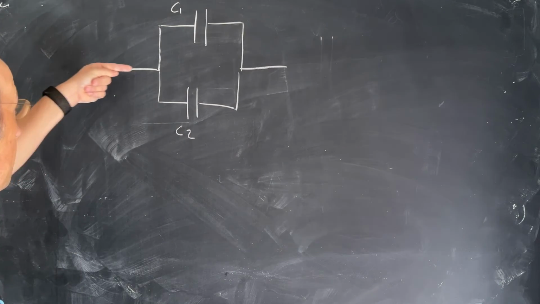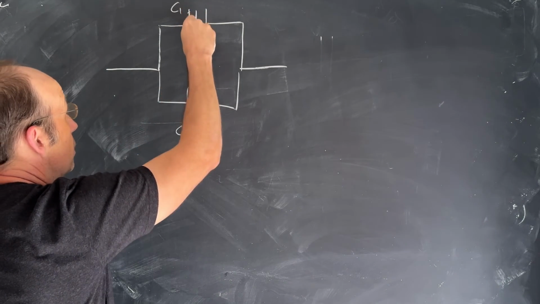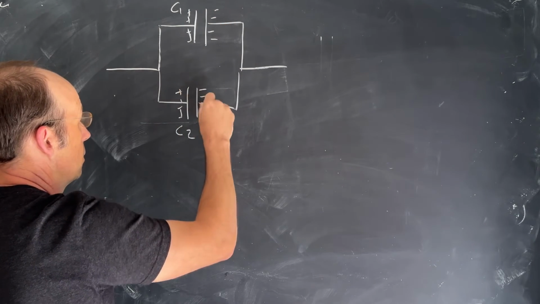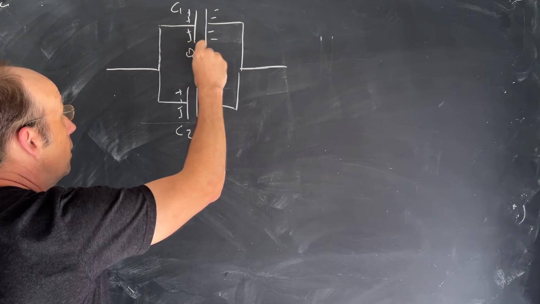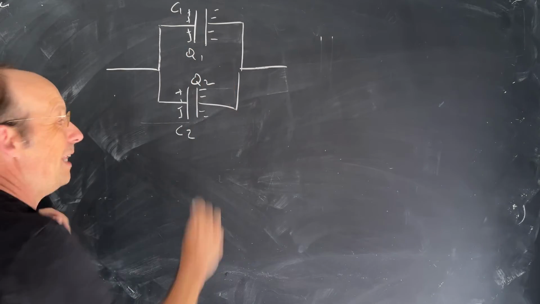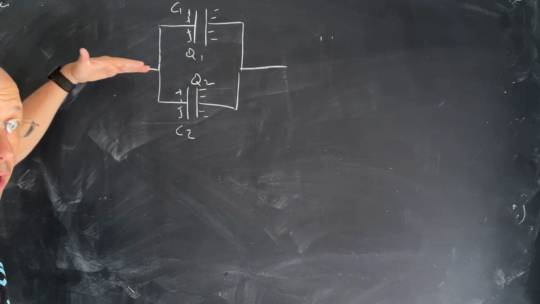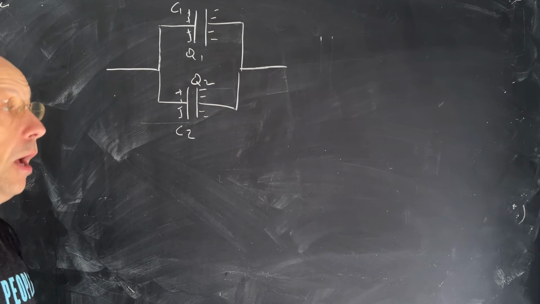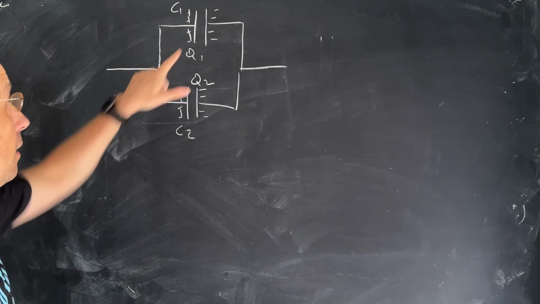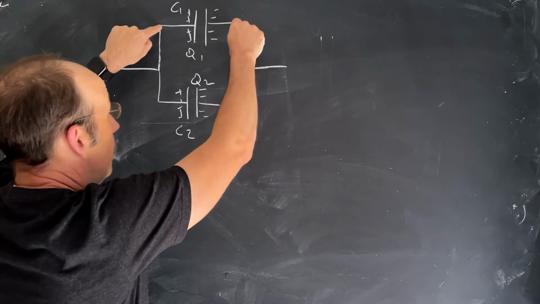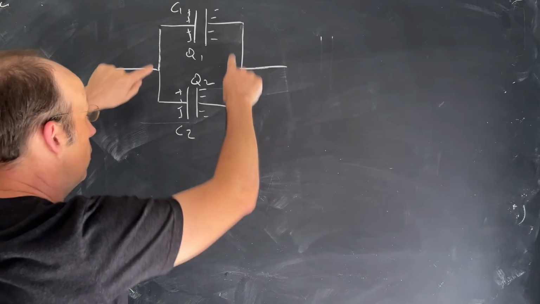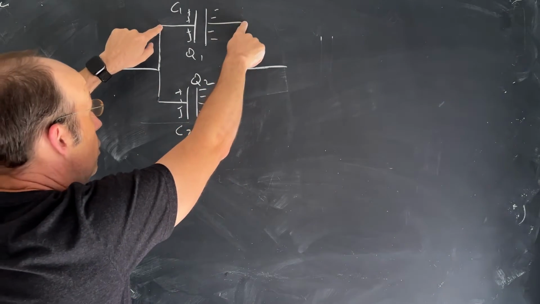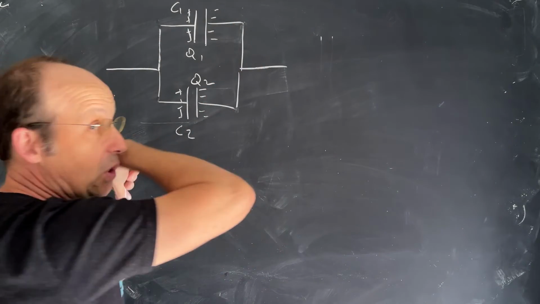Now as I charge up these, I get charges on these capacitors, Q1, Q2. They don't have to be the same, right? I have this current coming in. Some of it goes up there, some of it goes down there, but they don't have to be the same. But what does have to be the same? The potential across this goes from here to there. Well, if I go from here to there, it's got to be the same thing. Okay? So the potential across these are the same, the charges are not.